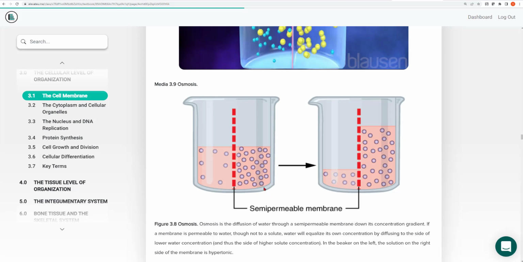And what we see is that this purple molecule is not able to get across the membrane. If it could, we would see that over time the molecules would move and become equal on both sides. Instead, we don't see the movement of proteins.